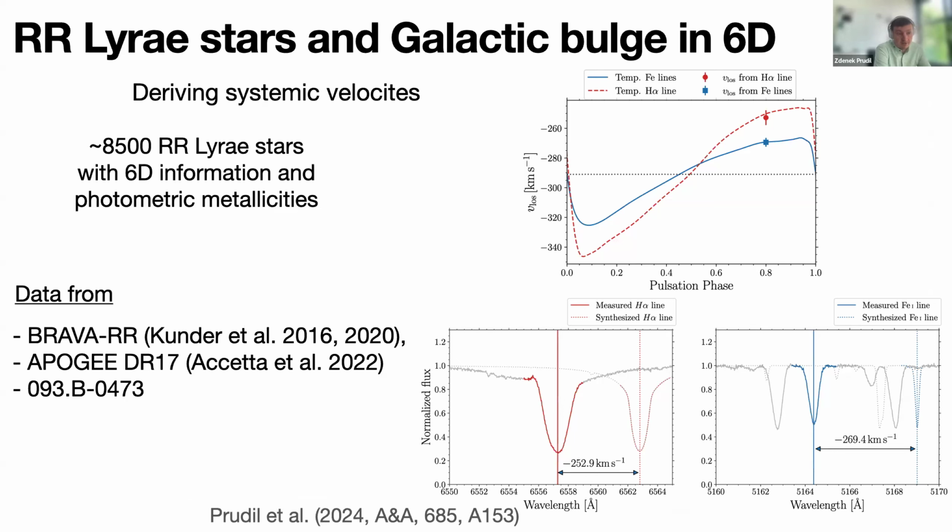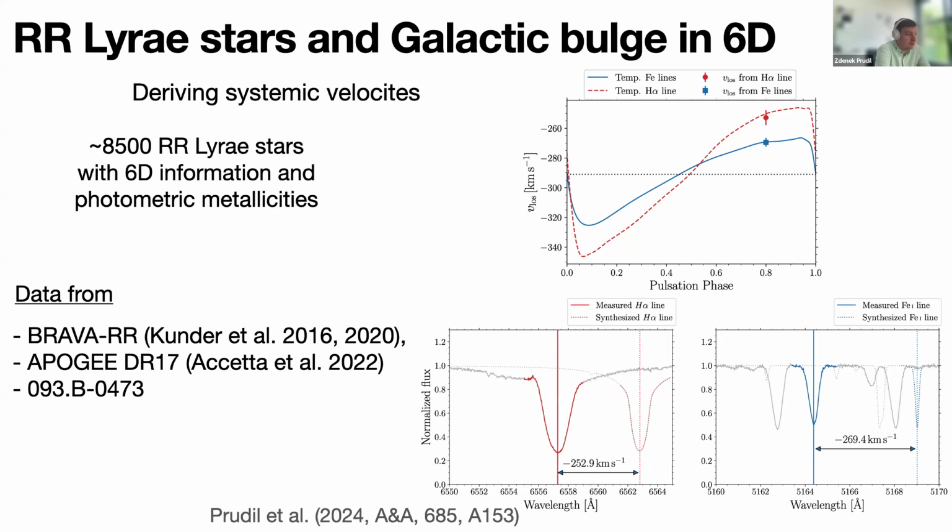RR Lyrae stars are pulsating variables, so they change their temperature and radius with time. With that, they also change their radial velocities throughout the pulsation cycle. That means the center-of-mass velocity is convolved with the pulsation velocity, and you need to correct for this motion using different techniques.